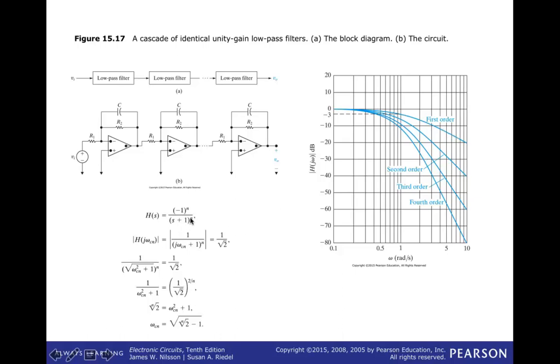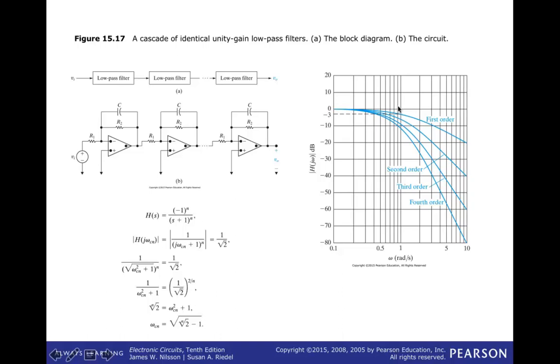If it's (s plus 1) squared, then the slope of a second order system would be -40 dB per decade, and the third order would be -60 dB per decade, and the fourth order would be -80 dB per decade, and so on. And as you also know, when you come out here to where the slope is constant, there's an asymptotic line that extends back and intersects with the lower frequency asymptote at the frequency omega equals 1.